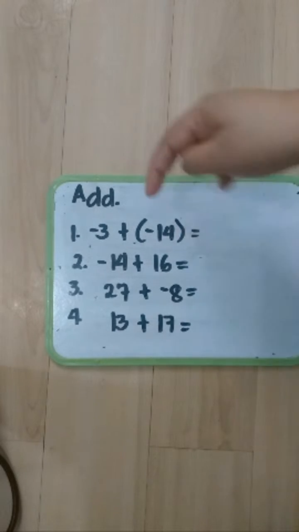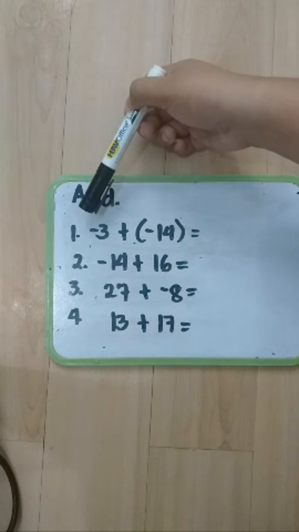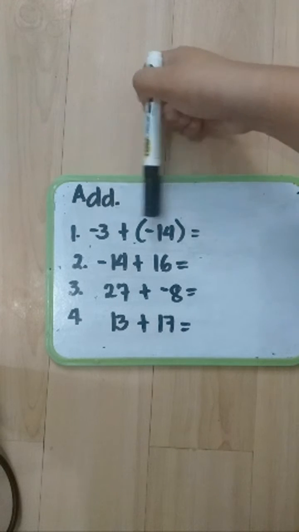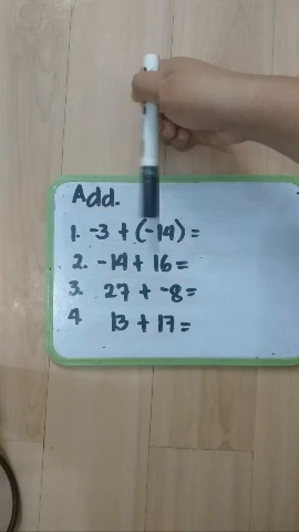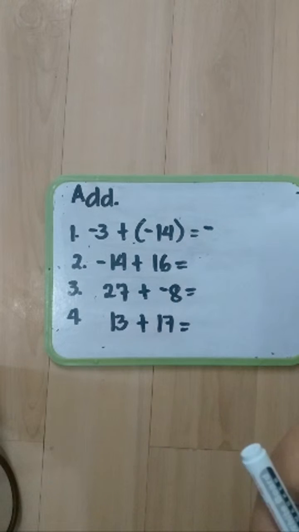So, we have here, for number 1, the given negative 3 plus negative 14. Same sign sila, pareho silang negative. So, the answer must be negative also. Okay? We are using here the method number 3.